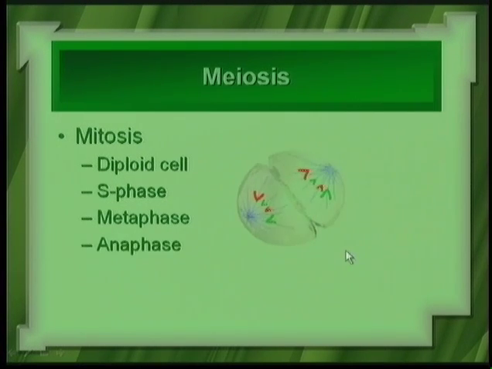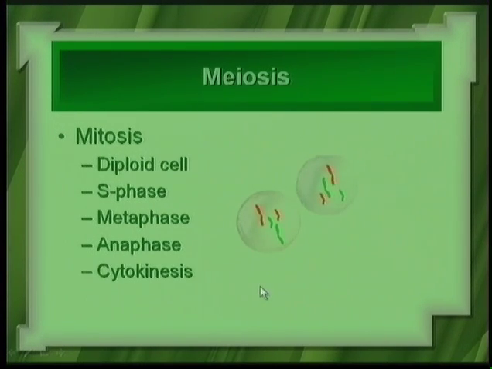Then we have anaphase, when the sister chromatids are pulled apart, and after they're pulled apart, they're known as single chromosomes once again. This chromosome and this chromosome are identical to each other. After anaphase, you have telophase, with the beginnings of the cell plate.